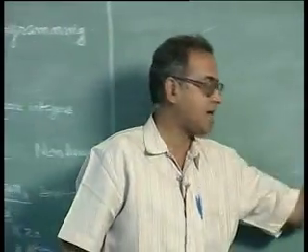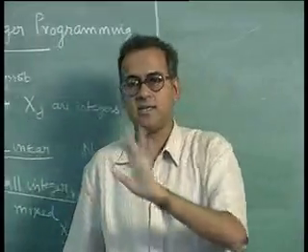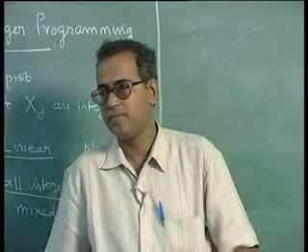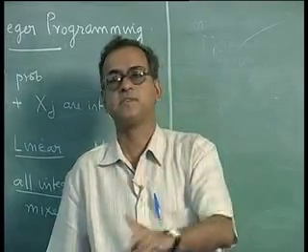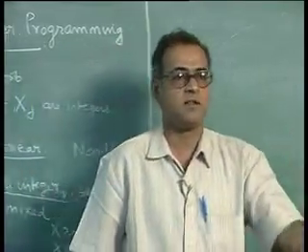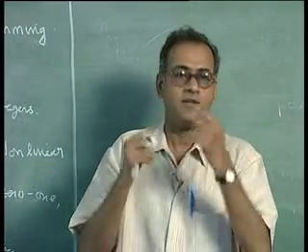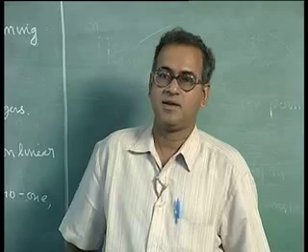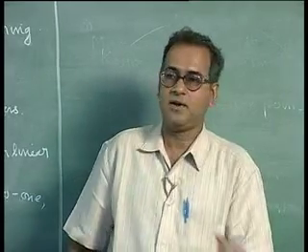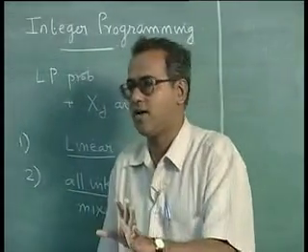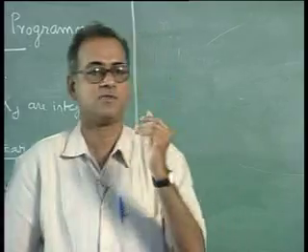Please remember that in all IPs, if you relax the integer assumption and solve it as an LP, and if the LP optimum happens to be integer valued, you have solved the IP, and that is the best thing that you can hope for whenever you are solving IPs. You solve it as an LP and you hope that the LP optimum is integer valued, so that straight away you solve the IP.